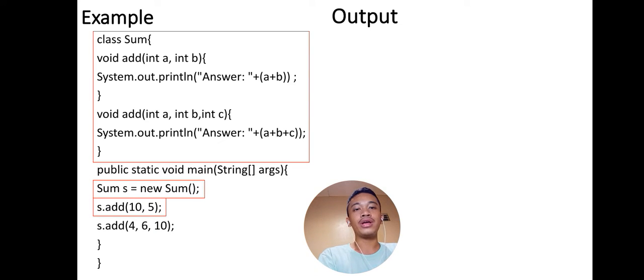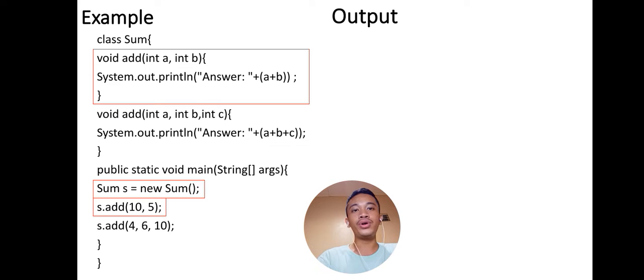So now it will only access our first method, which is the void add int a and b. It is because our code here only has two parameters, and our first method accepts two parameters while the second method accepts three parameters. So therefore we will use the first method.